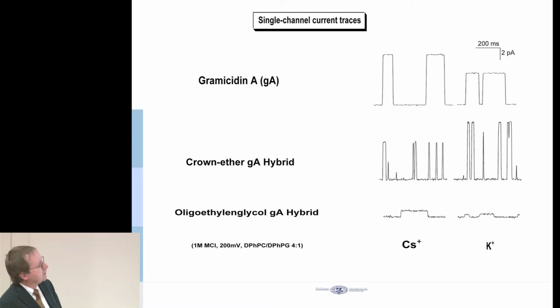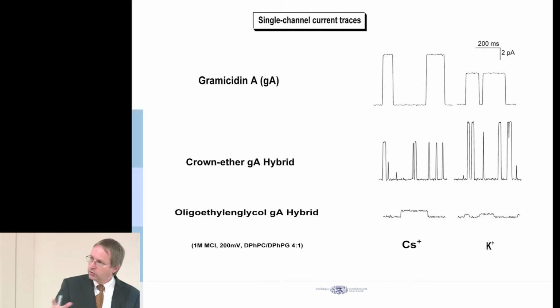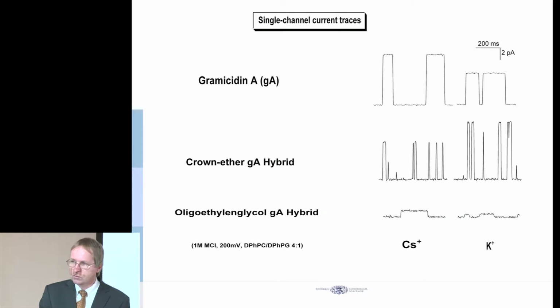On ion selectivity, cesium versus potassium. For the biological channel, the natural channel, cesium is transported better than potassium, 2-to-1 selectivity, you remember. Now we have inverted the selectivity. Using the crown ether, we can go from 2-to-1 to 1-to-2.